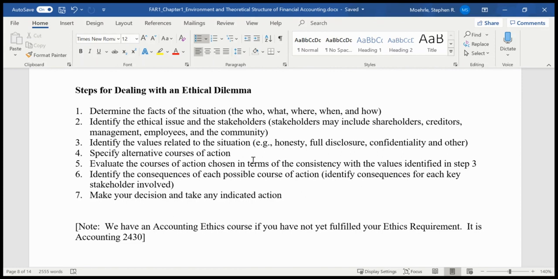Identify the consequences of each potential course of action. Indeed, identify the consequences for each key stakeholder involved and specify all the consequences by stakeholder. And then, given all of this, make your decision and take the indicated action.